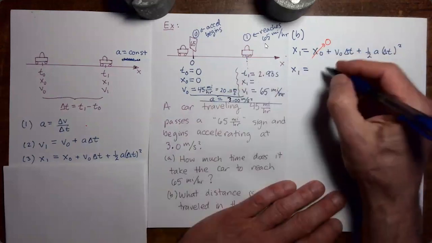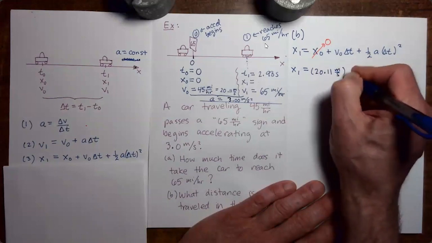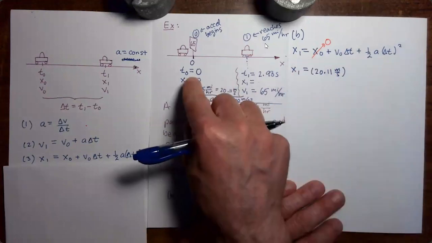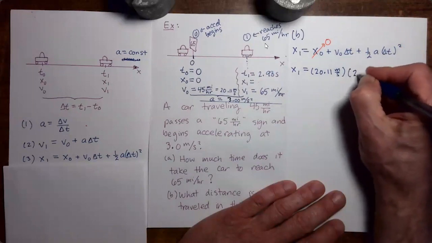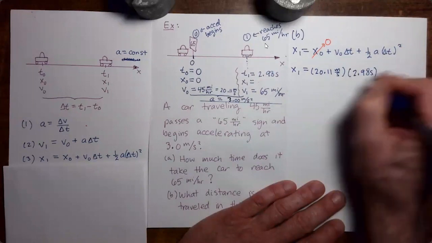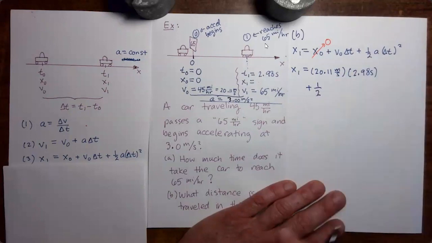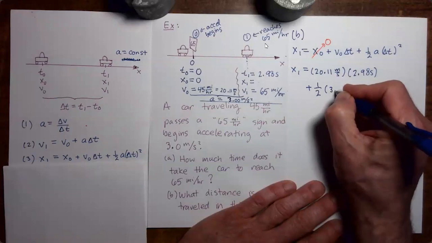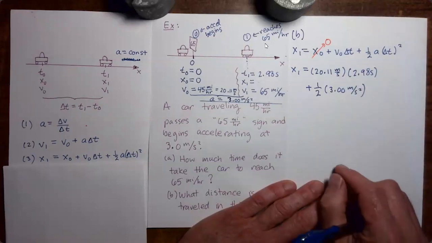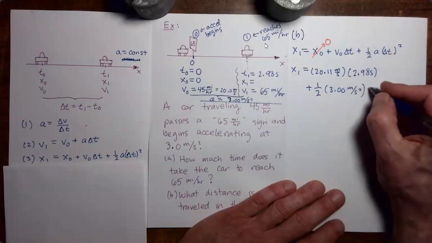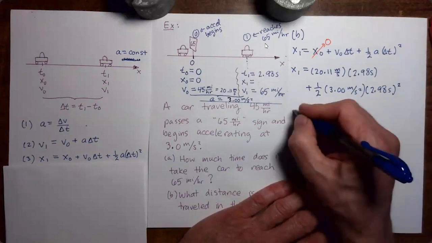Okay, so v0 was 20.11 meters per second. Delta t from time equals 0 to time equals 2.98 seconds would be 2.98 seconds. And plus 1/2, we substitute the acceleration, which is 3.00 meters per second squared. Then we substitute the time interval, which is 2.98 seconds, and then squared.